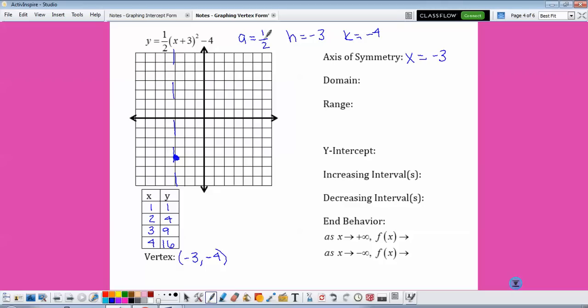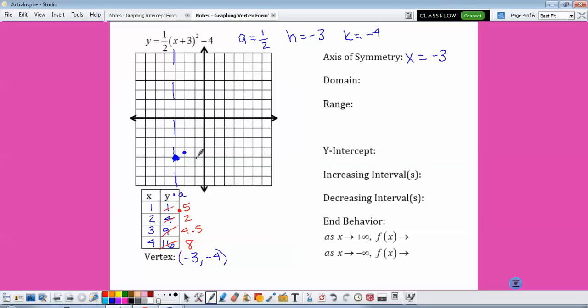Okay, since a is 1/2, I'm going to multiply that with all the y values. So then I would get 0.5, 2, 4.5, and 8. So I'm going to go to my vertex. I'm going to go over 1 and up 1/2.